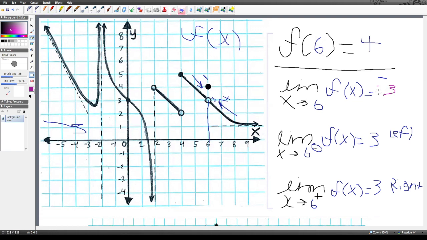Let's try another example. Evaluate 4. Give it a try.